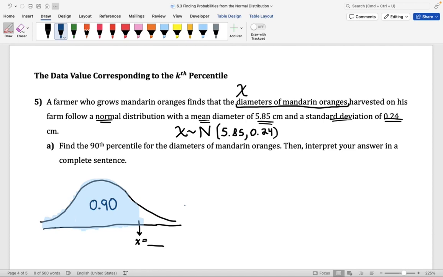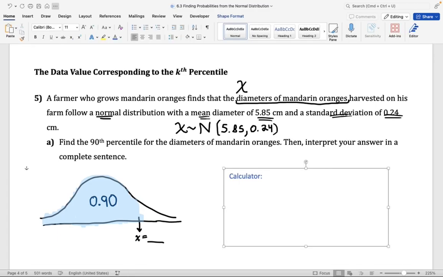Notice in this problem, they're giving us the area under the curve. They're asking us to find the X value corresponding to that area. We're no longer going to use the normal CDF function. We now have to use a new function. If you're using a calculator, you're going to use the function invNorm. This function is going to ask you for the area to the left of the X value you're trying to find.